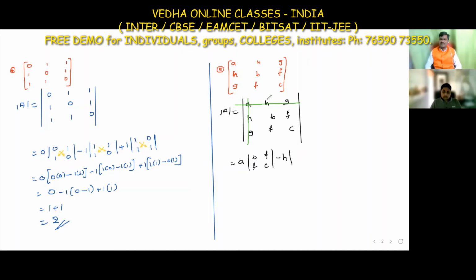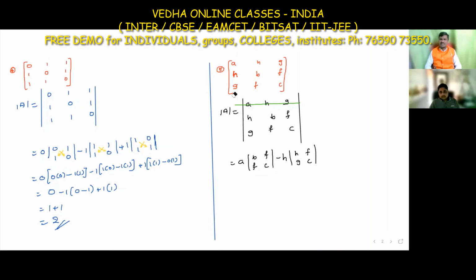Minus H into, since H is present in the first row and second column, close the second column. Other than this, what we have: H F, G C.